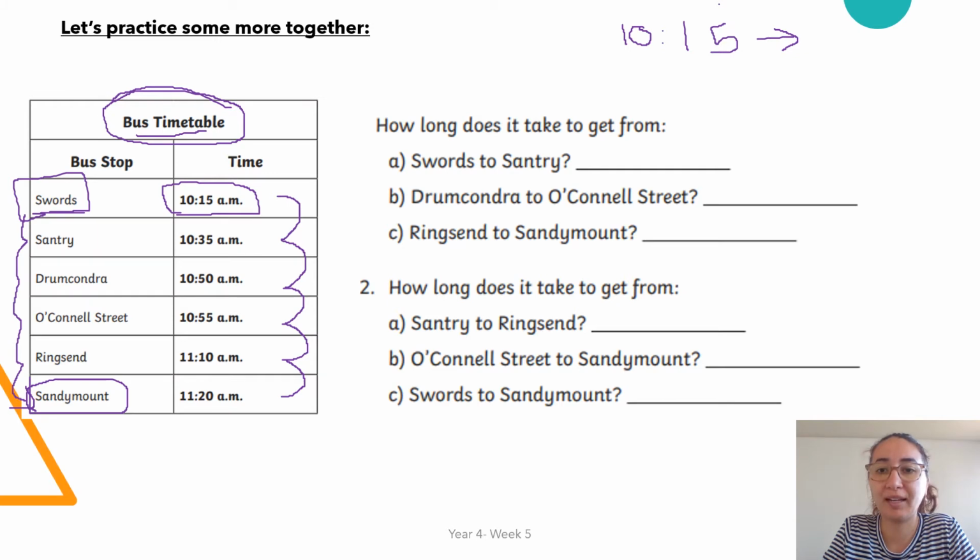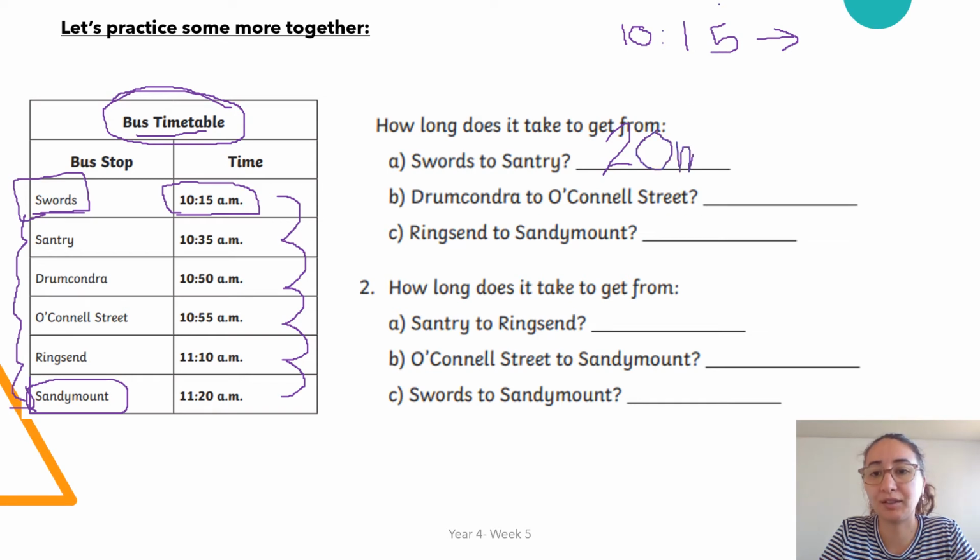So if we had 10:15 and we go by 5 minutes, 10:20, 10:25, 10:30, 10:35, 10:40, whoop, too far, 10:35 it will reach. So we know 5, 10, 15, 20 minutes. So it takes 20 minutes from Swords to Sentry.